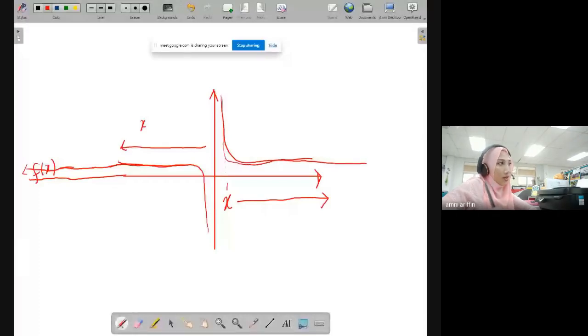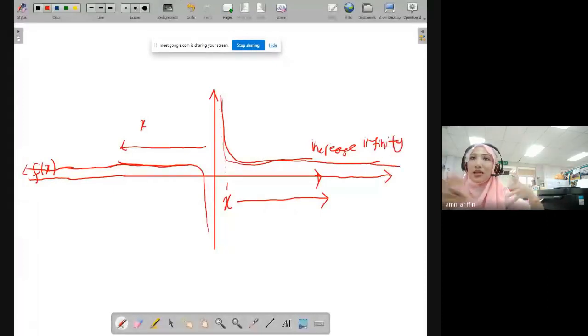But we didn't know dia punya value sebab ni adalah infinity. Tahu kan apa maksud infinity? Infinity tu maksudnya dia tiada batasan. Ni lah fx ni. This is the graph of fx.